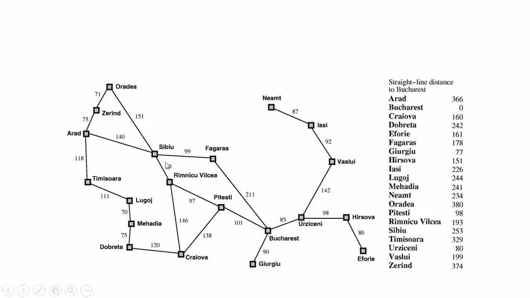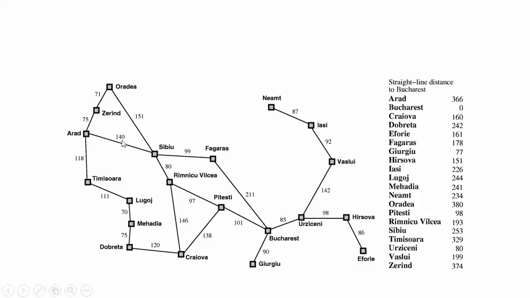For Sibiu, what is the straight line distance value? The h of n value is 253. So what is the formula for calculating the function cost value for the A star search algorithm? By combining both the actual cost and the heuristic estimated cost. What is the actual cost for Sibiu? 140. What is the estimated cost for Sibiu? 253.